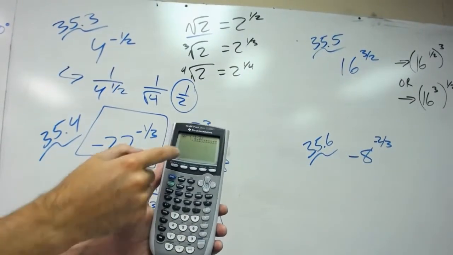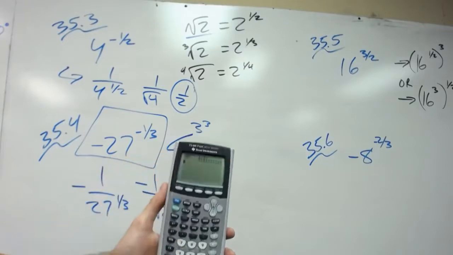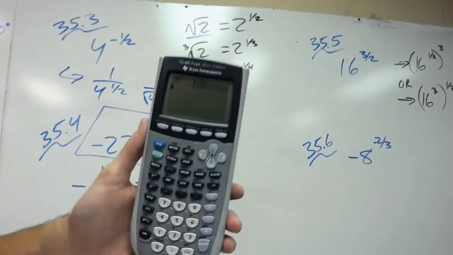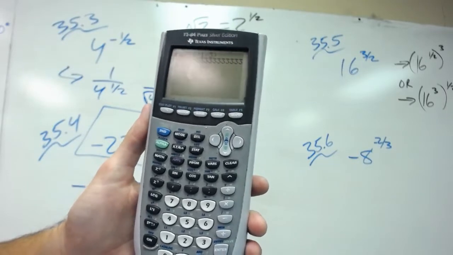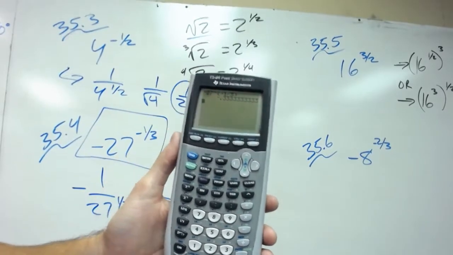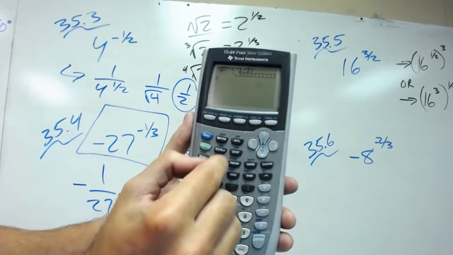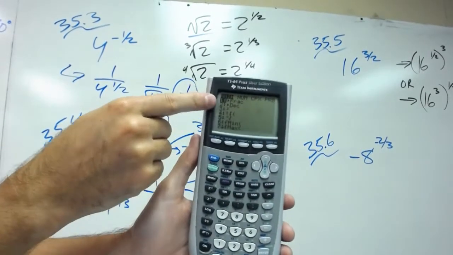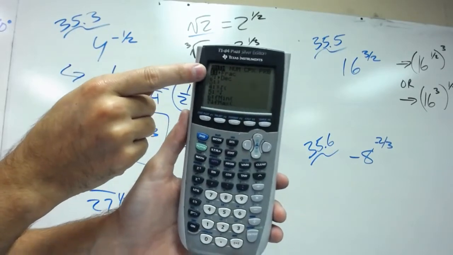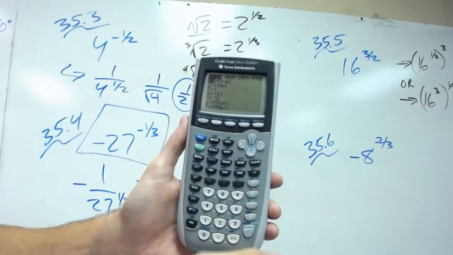Now it gave me this decimal, negative 0.3 repeating. That is true, but if I want to switch that to a fraction, I can say math. Number 1 says fraction. I can push enter.